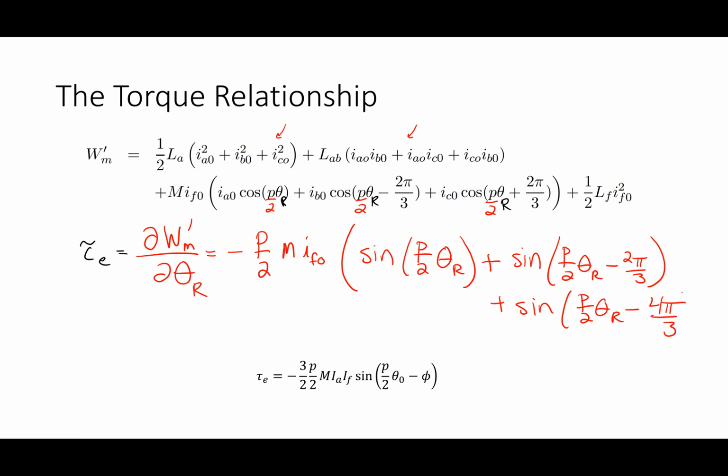What about the IA? Yes, and those are still there. IA0, IB0, and IC0 are all still there.